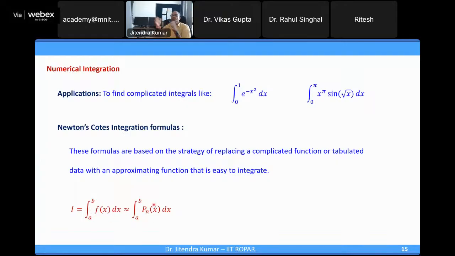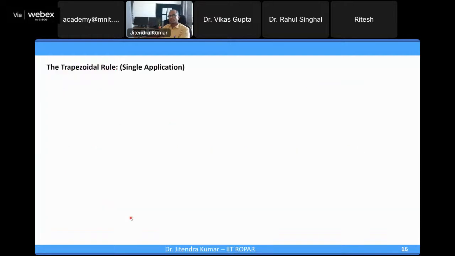Of course, the accuracy of this numerical integration will depend on the accuracy of your approximation: you have approximated your f(x) by this P_n(x), and the accuracy will naturally depend on how good that approximation is. So in general, we can have this P_n(x), an nth degree polynomial approximation of f(x), and this is what we call the Newton-Cotes integration formula.